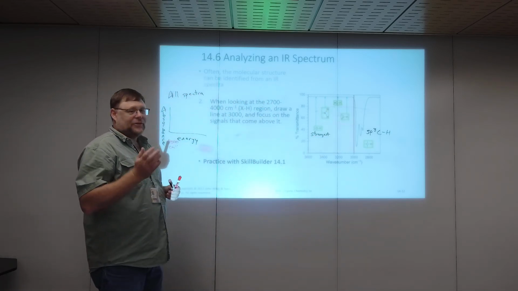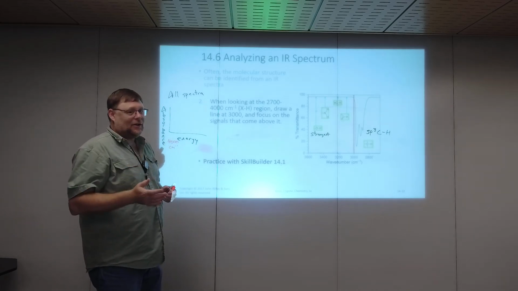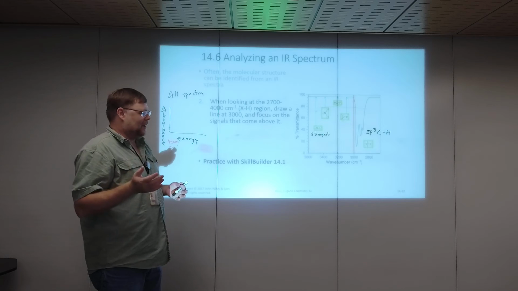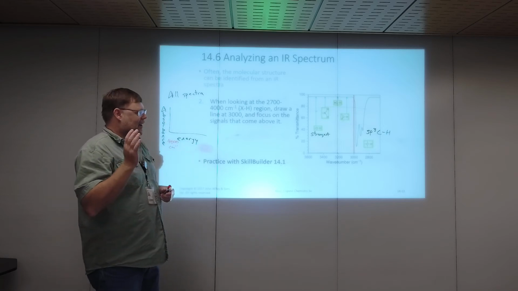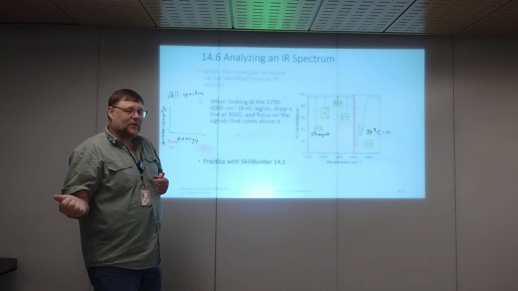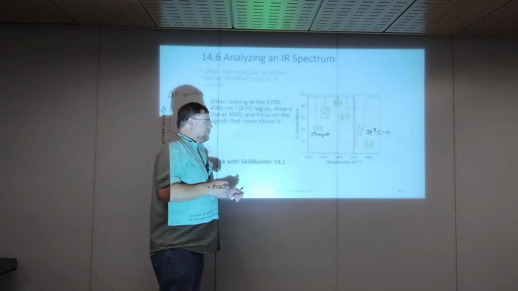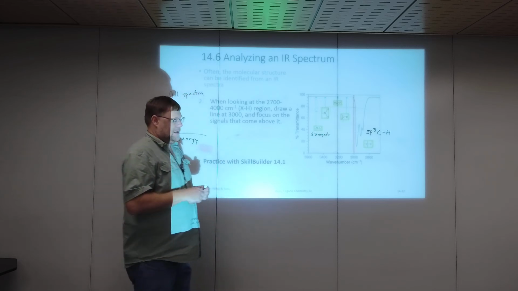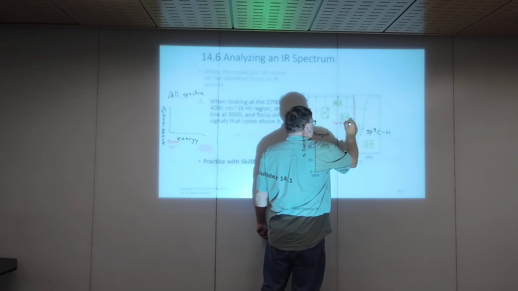And that 3000, it's an easy number to remember, and it is pretty ironclad, which is weird, I think. It's completely coincidental. It doesn't mean anything. It's just that 3000 is easy to remember. To the right of 3000 is sp3 CHs, and to the left of 3000 is sp2 and sp CHs. And these are going to be weaker.